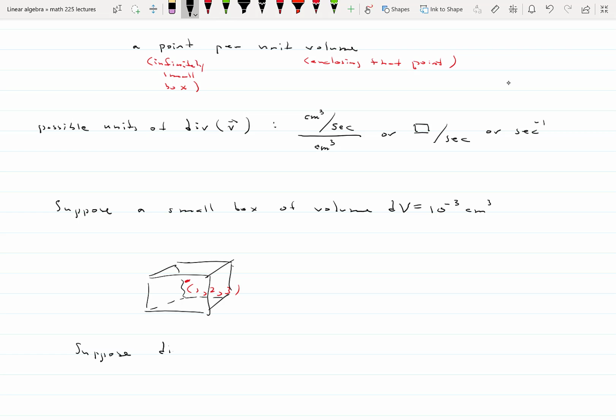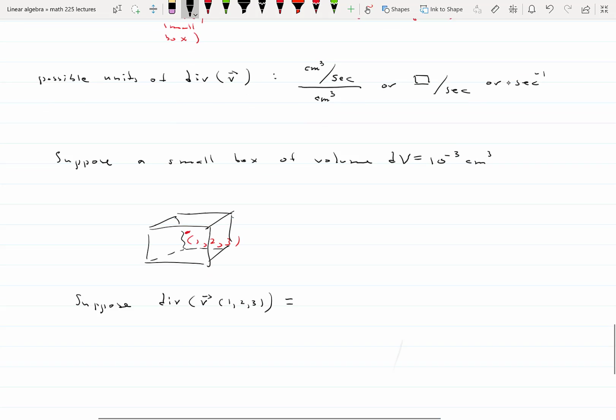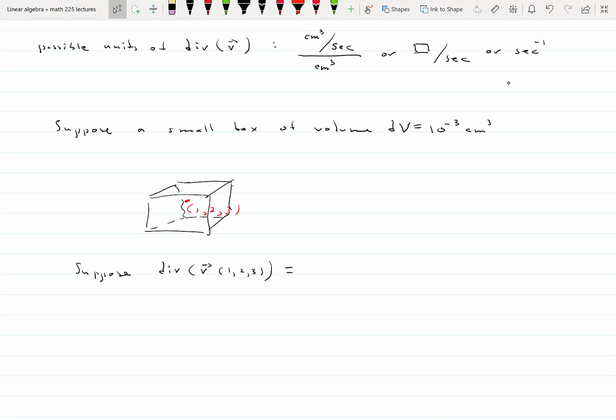Suppose the divergence of V at 1, 2, 3 is 3, or 3 cubic centimeters per second per unit volume, or 3 per second.